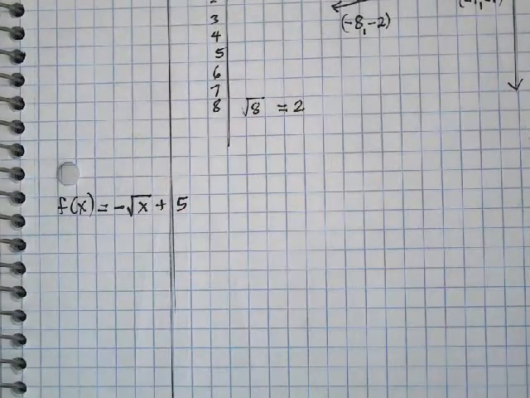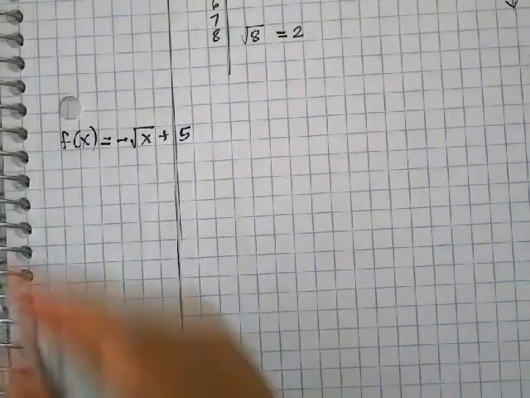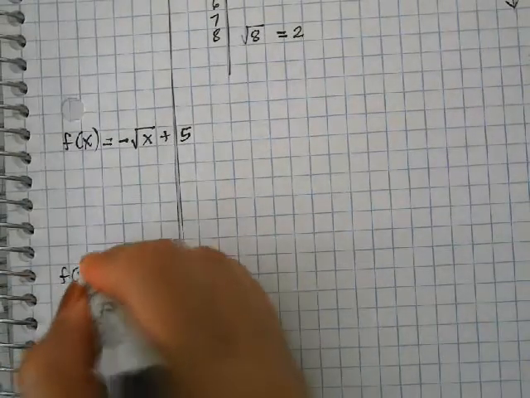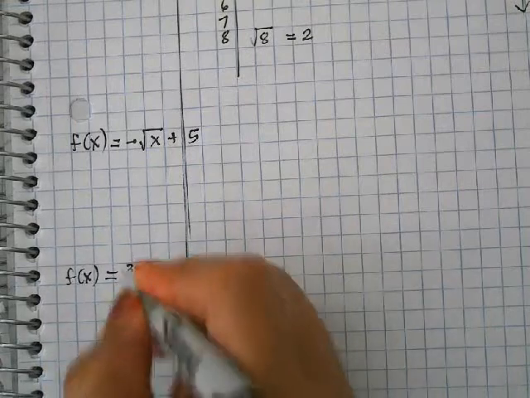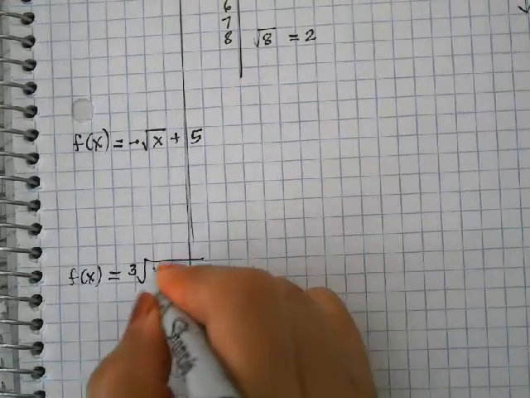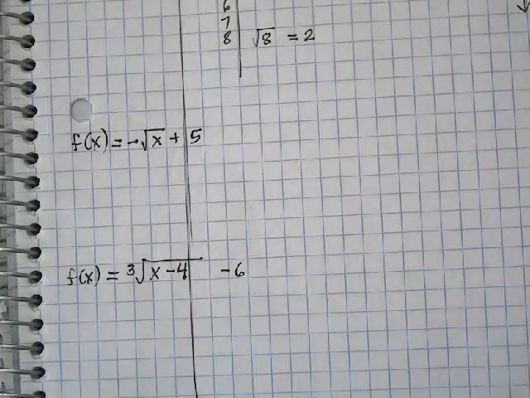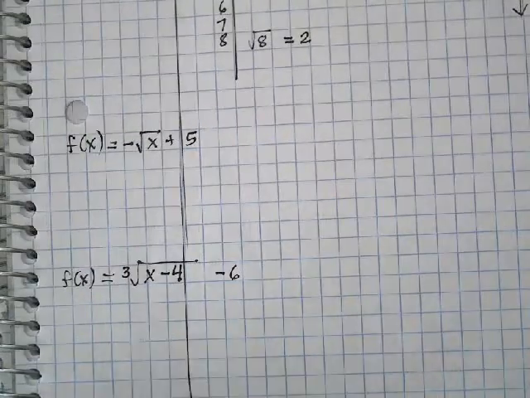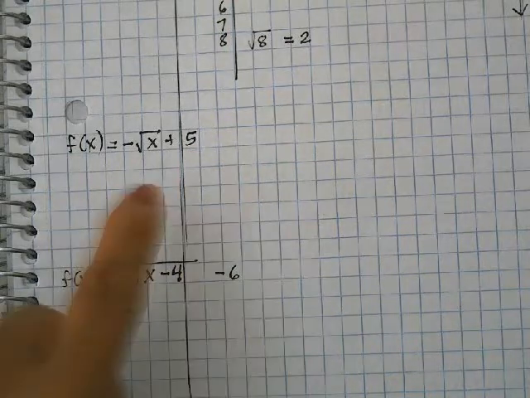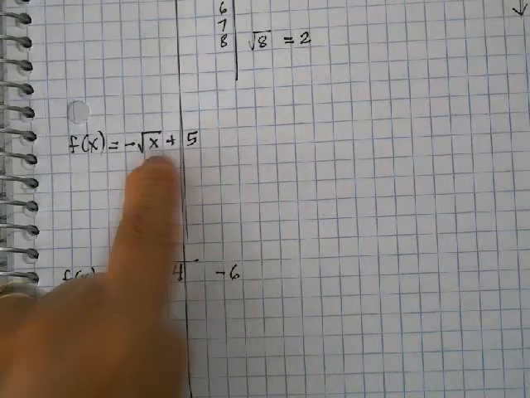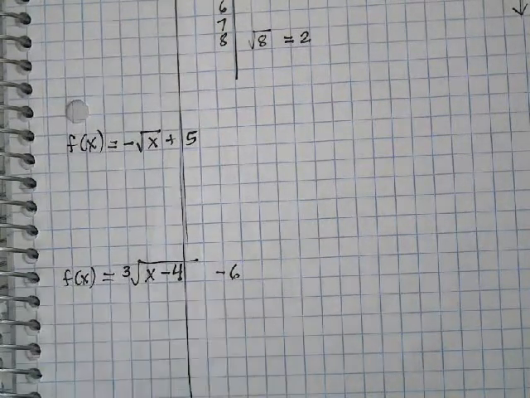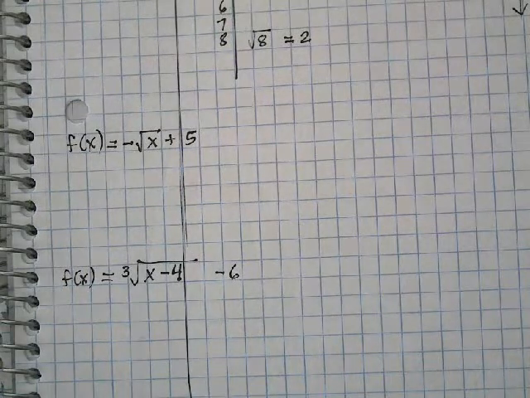And for our cube root, I'm going to give an example of the cube root of x minus 4, minus 6. Can you try to graph these two using the parent graph of square root and the parent graph of cube root and transforming them, and you'll see the answer on the next video.